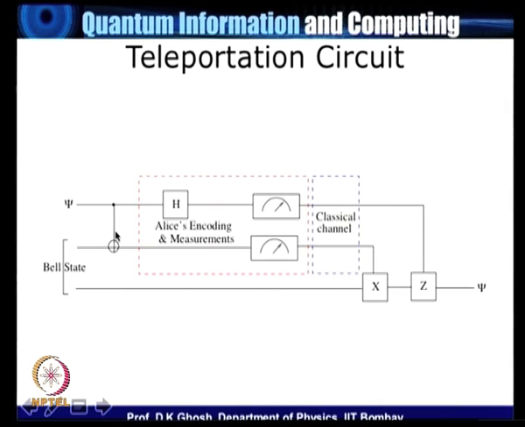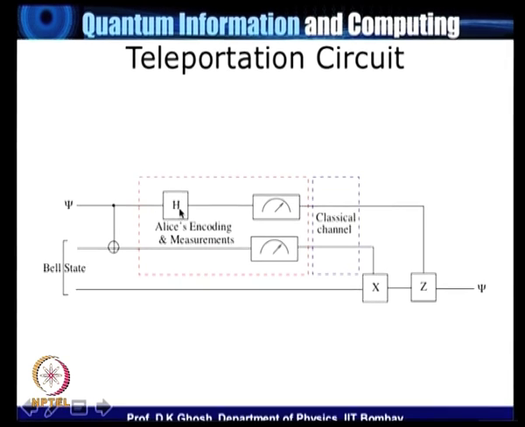Now having done that, Alice does certain operations. So this is what the red rectangle here is telling you Alice does. Alice will pass the first qubit through a Hadamard gate and then make a measurement.